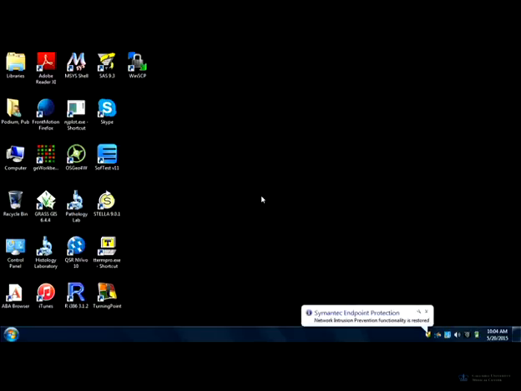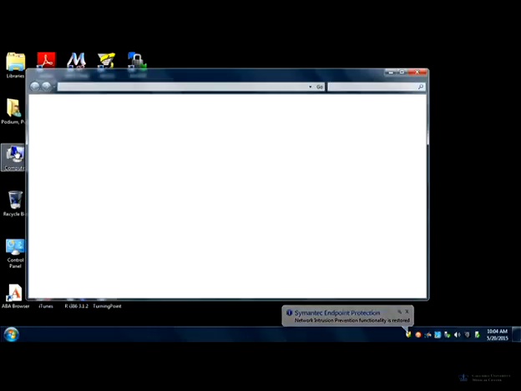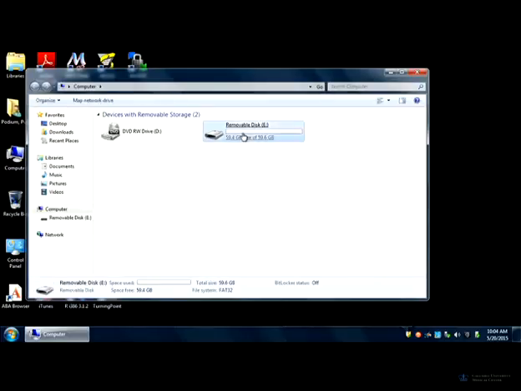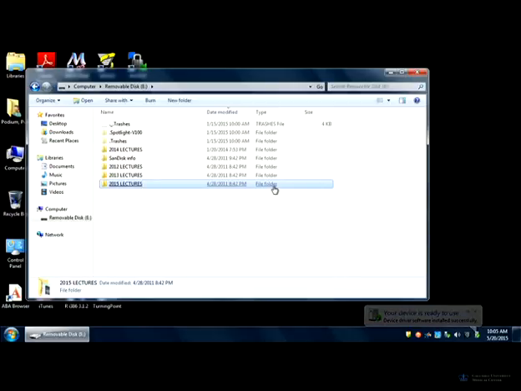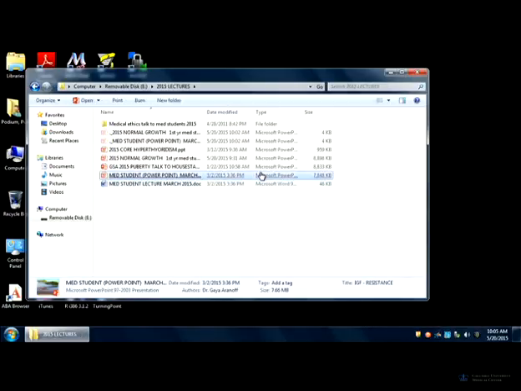Where is the file? It's in 2015 lectures, normal growth, first year med students, May. No, that's not the right one.